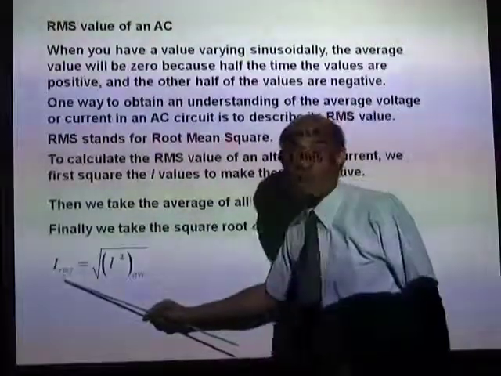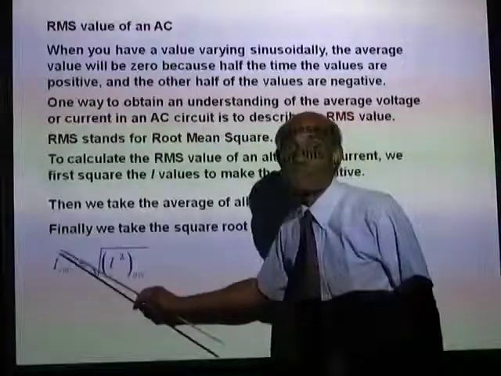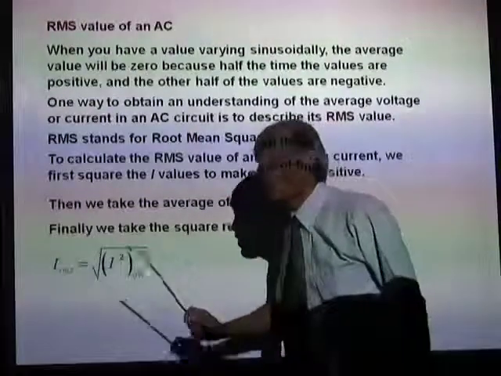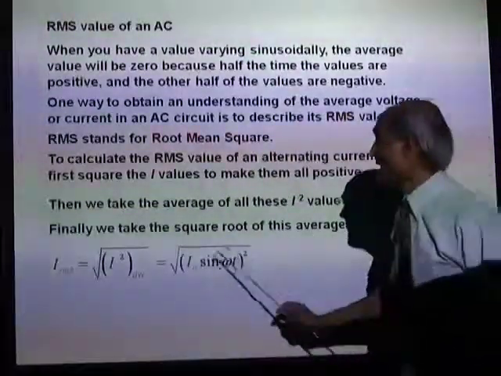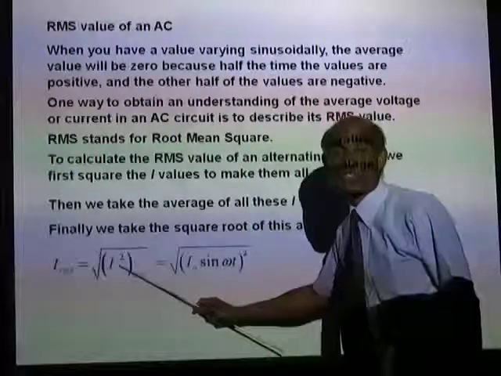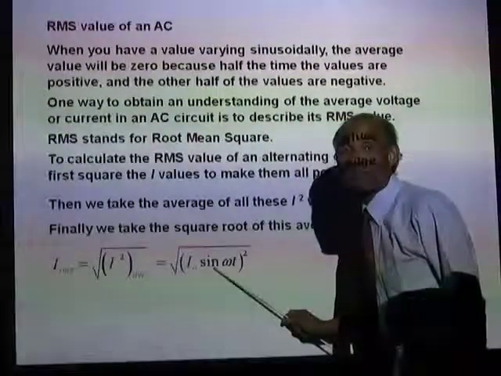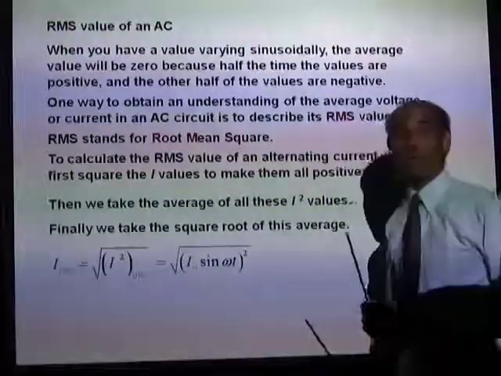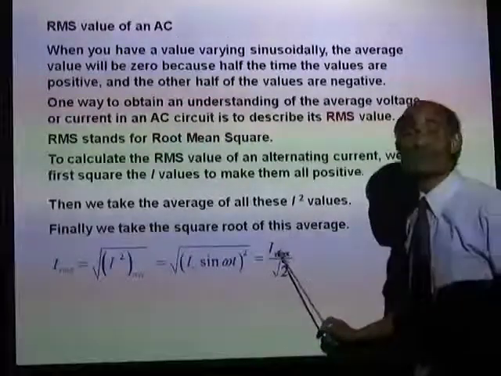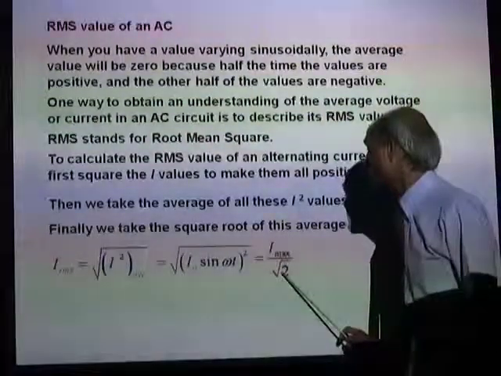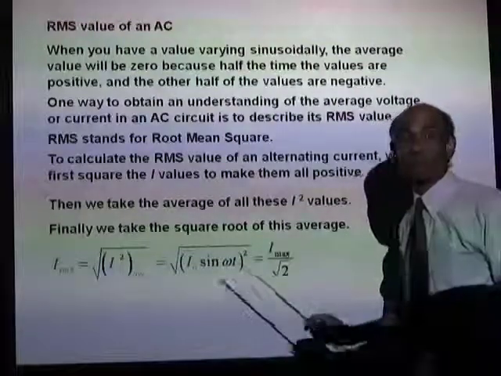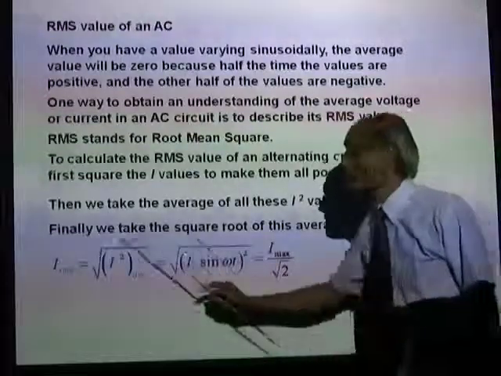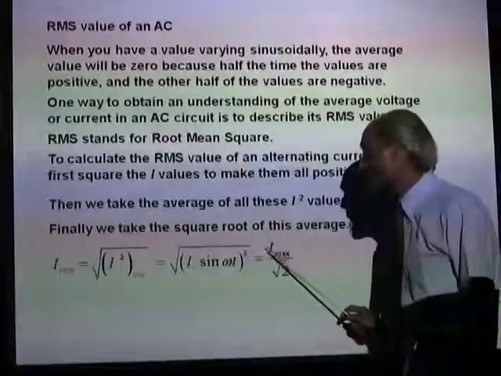So I RMS, the root mean square value of the current, is the square root of the average of all the I squared. And that will be, the instantaneous value is I0 sine omega t. So square root of I squared sine omega t squared. And this can be shown to be equal to I max divided by square root of 2. Now, what I want you to do is to recognize the relation between I RMS and I max.